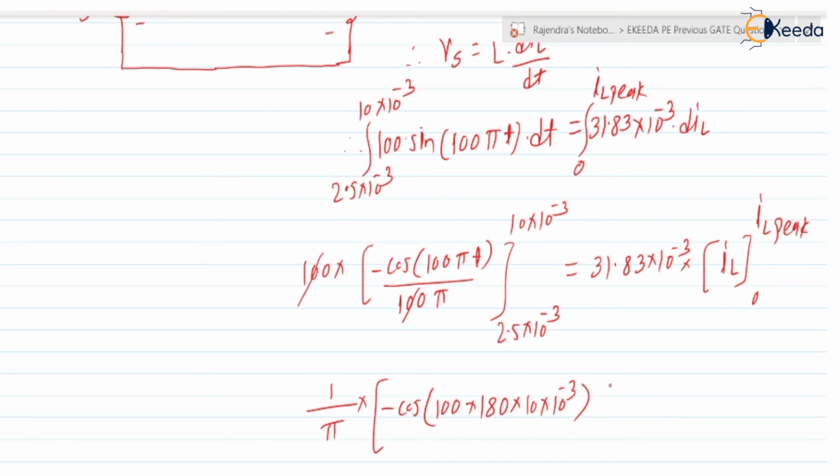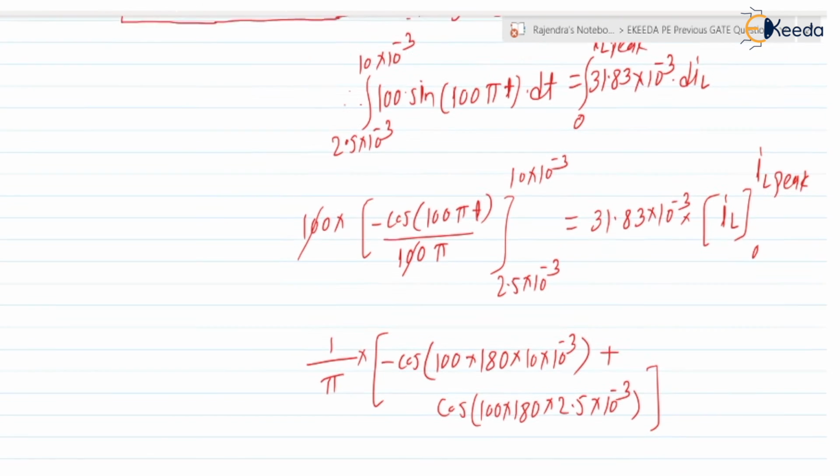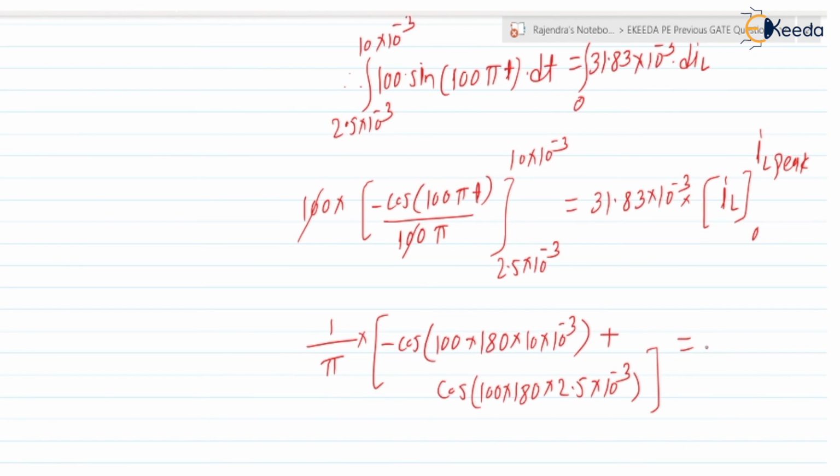This is the one term, plus, for the second term it is 2.5, so we write plus cos of 100 into 180 into 2.5 into 10 to the power minus 3. This is the second term, which is equal to 31.83 into 10 to the power minus 3 into IL peak.